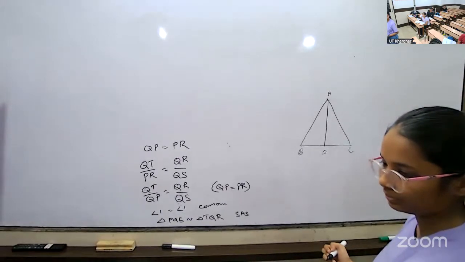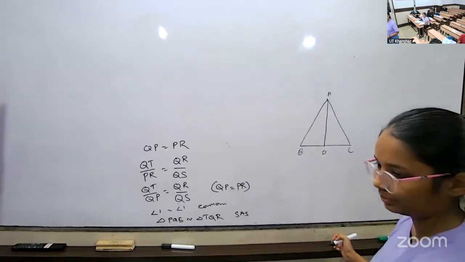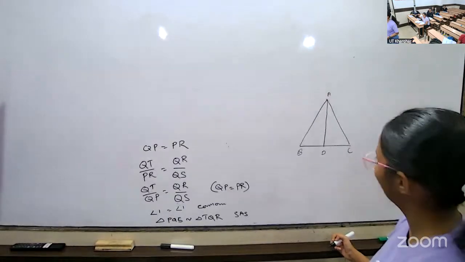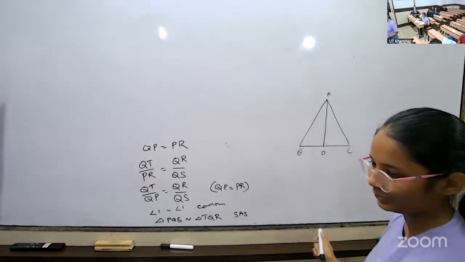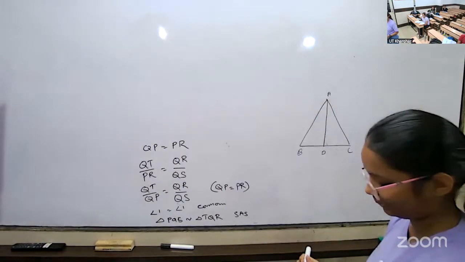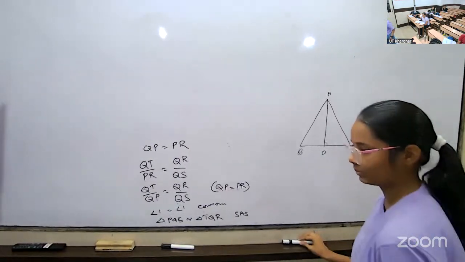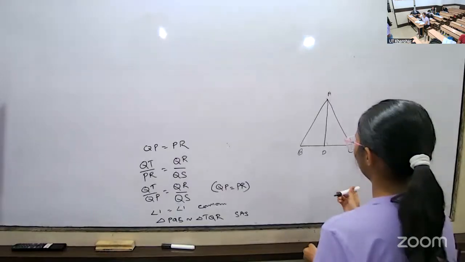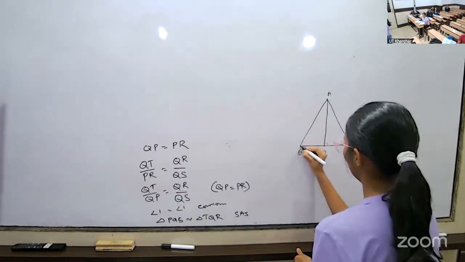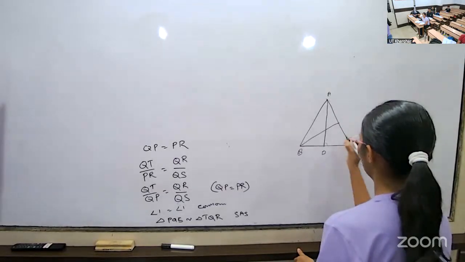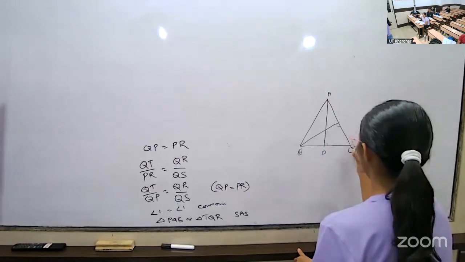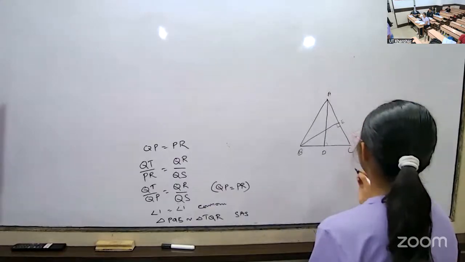Height. How do you know it's a height? Then only it becomes altitude, na? Okay, are we followed? Make the second altitude. Then make perpendicular, na? Okay, name it. Then the third altitude.